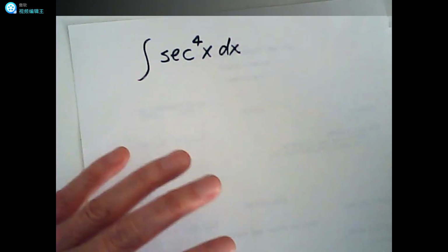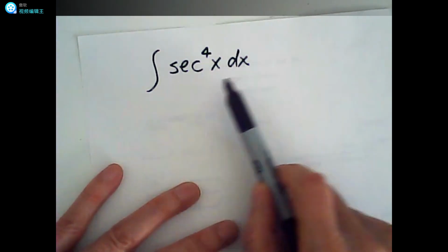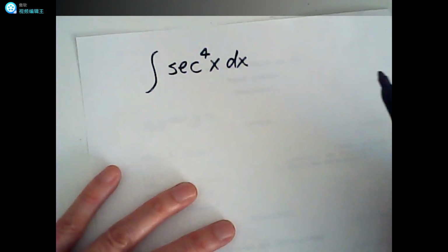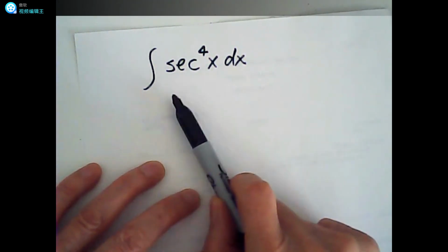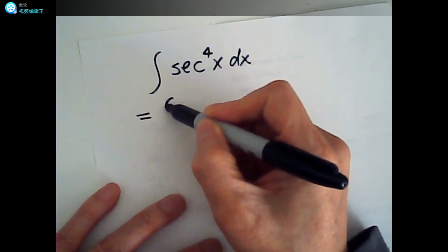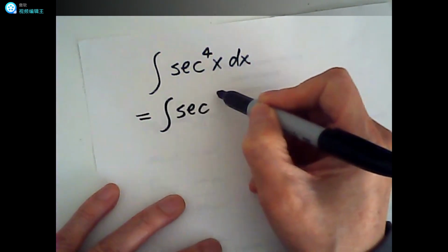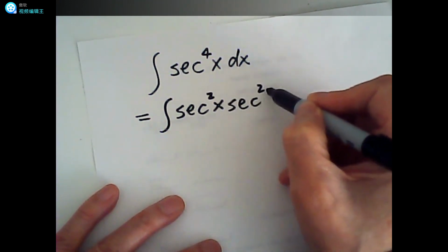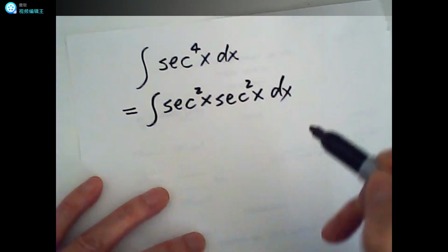We forget the reduction formula. So we cannot apply any basic integral formula to get the result. So we have to consider changes. This one changes to secant square x times secant square x dx.